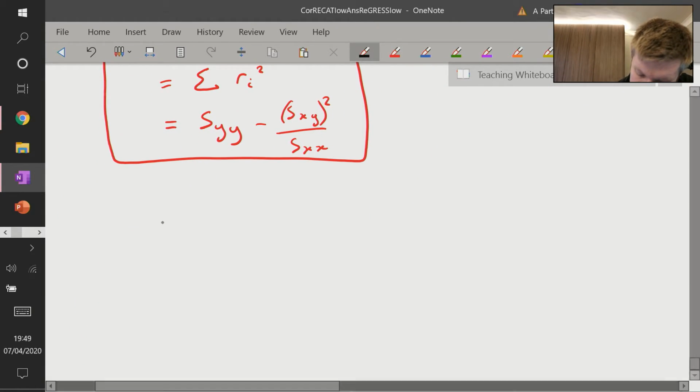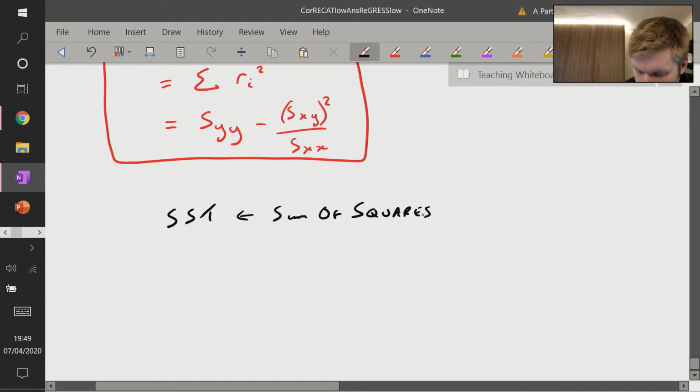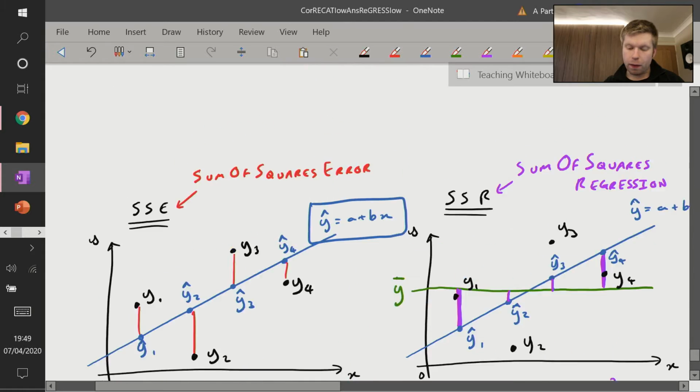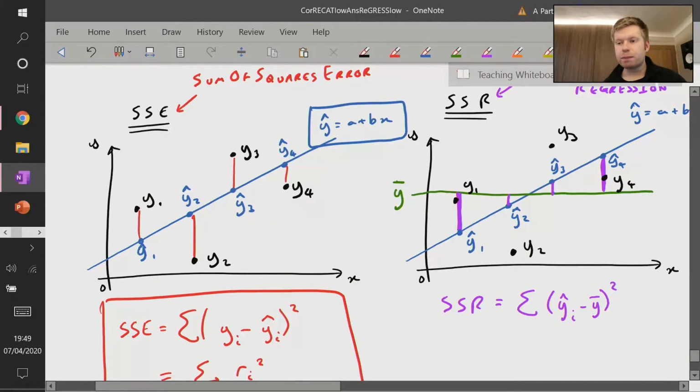So the last thing I'm going to look at is the SST, which is the sum of squares total. All it literally is, is taking the two previous errors that we've looked at. The sum of the squares error, this one here on the left, is the difference between the actual data value and the estimated data value.